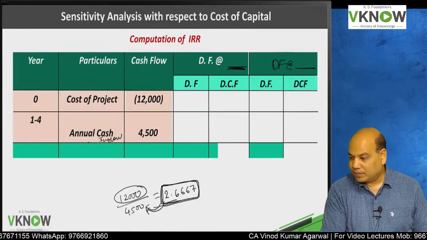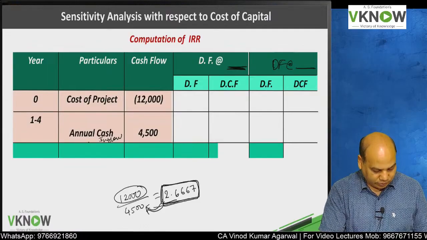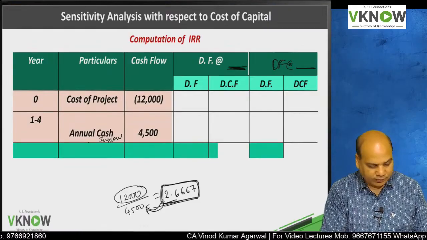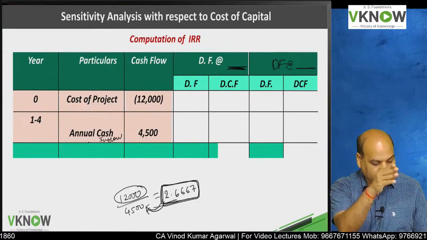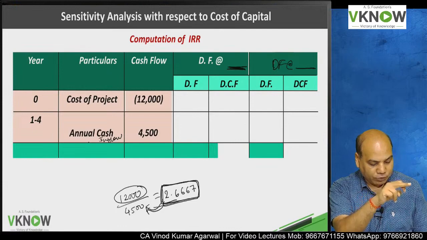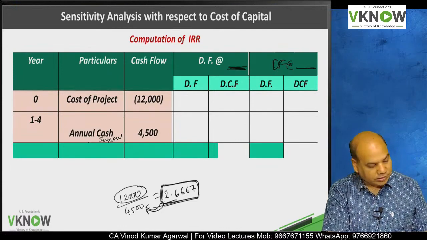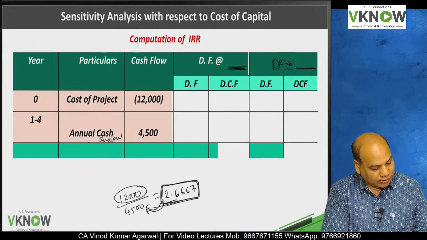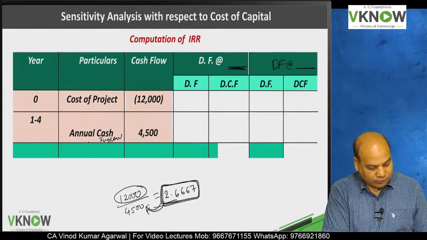Table B. In Table B, page 16.5, go to the fourth year. First column is year 1, 2, 3, 4, move towards the right and search for 2.6667. If it is not on that page, go to the next page, second page you will find it.